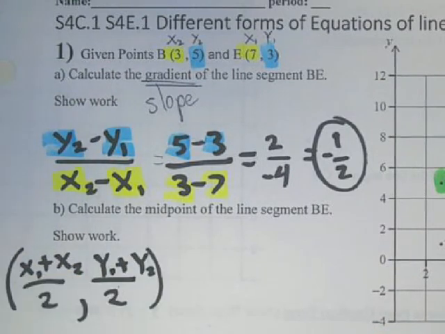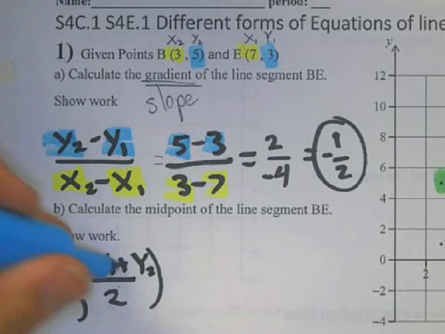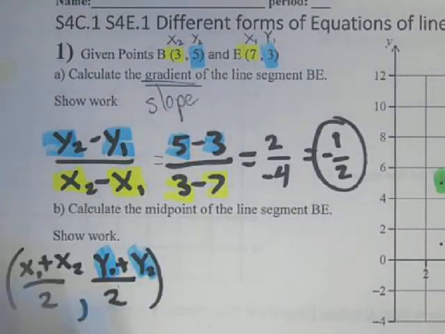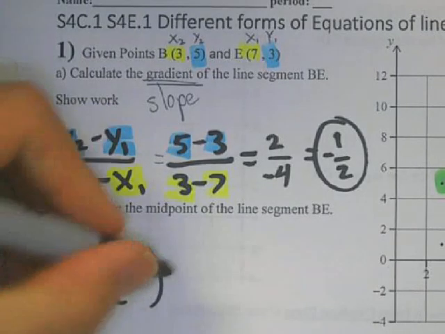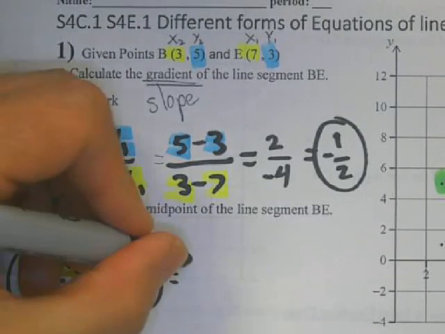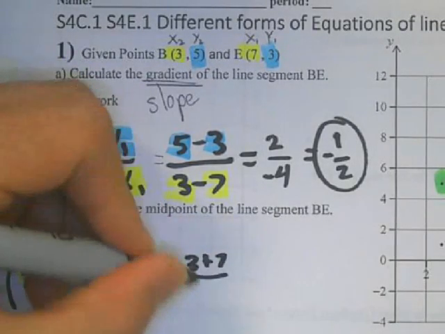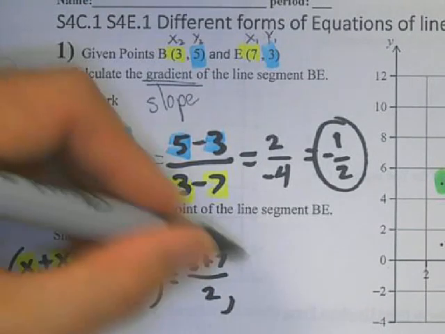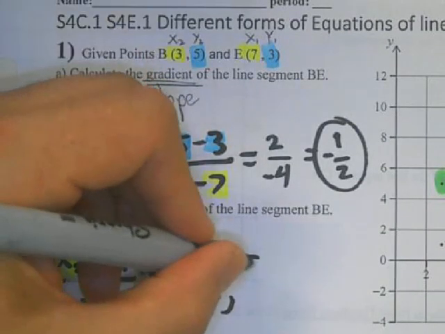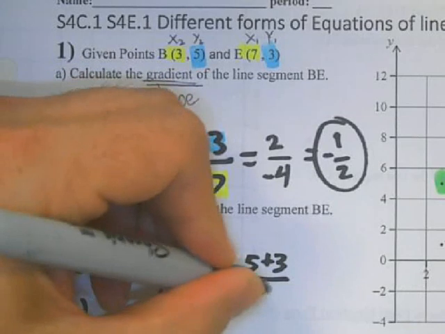So I'm going to add those x values together, and add those y values together, and divide by 2. Let's just do that. So we get 3 plus 7 over 2, and we have 5 plus 3 over 2.